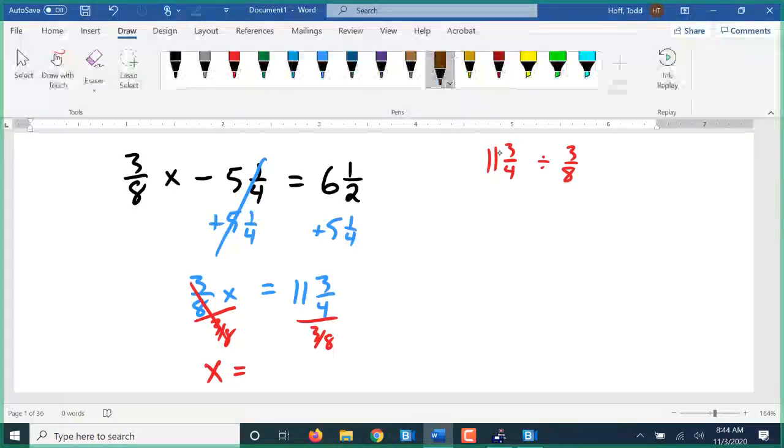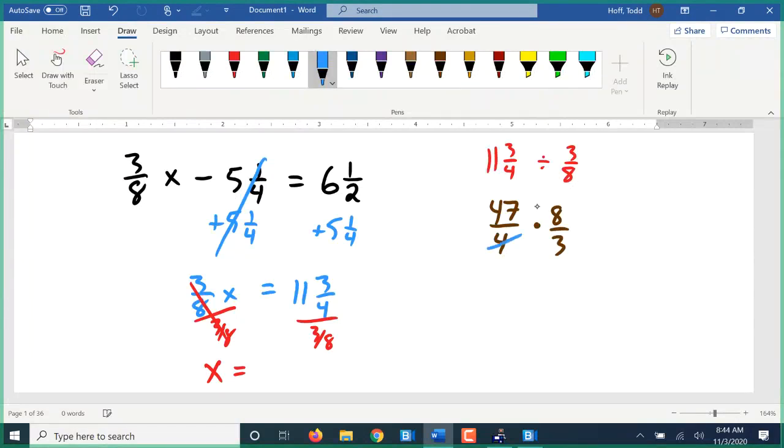We have to turn the 11 3/4 into an improper fraction. 11 times 4 is 44, plus 3 is 47 fourths. We're going to multiply by the reciprocal, so we'll make that 8/3.